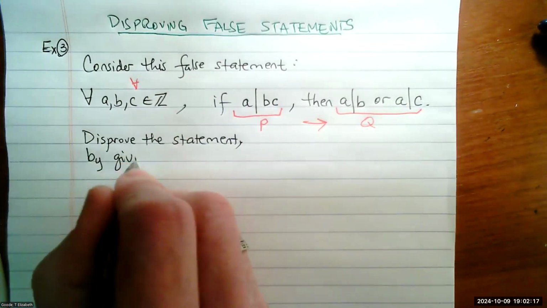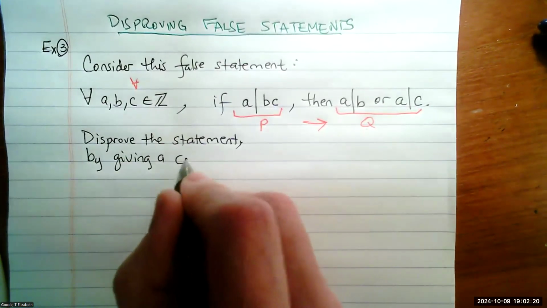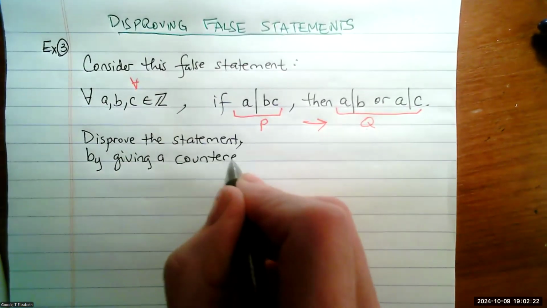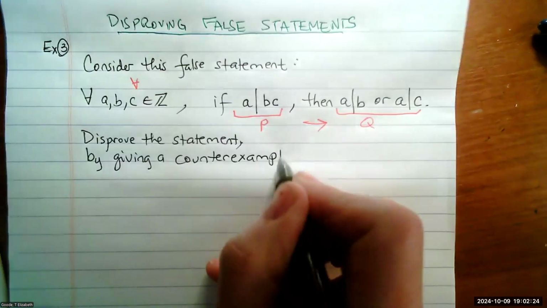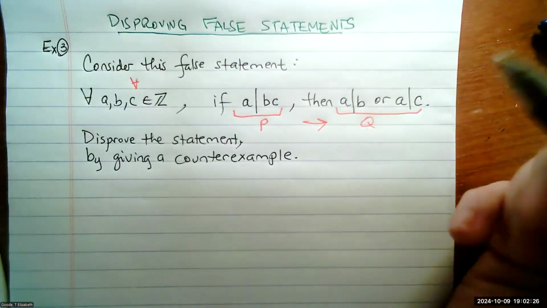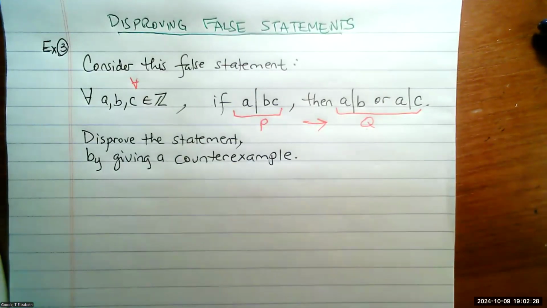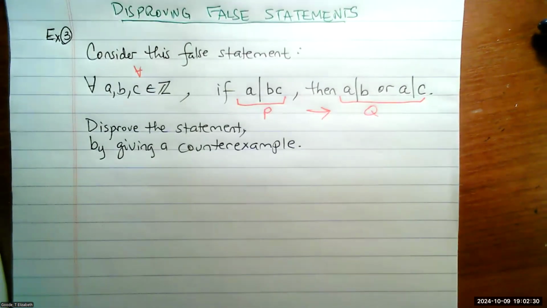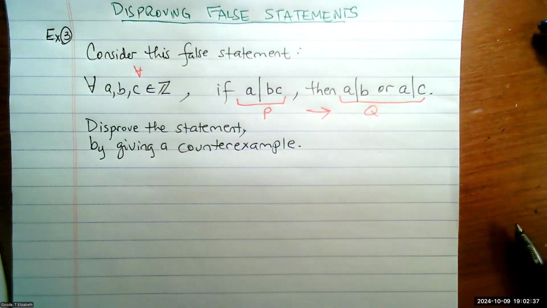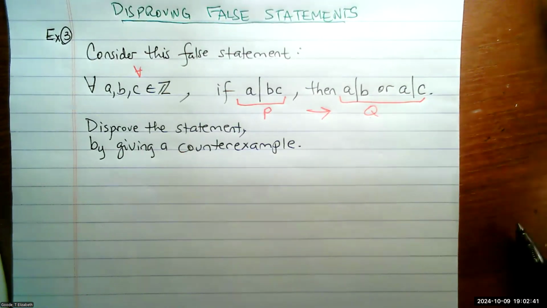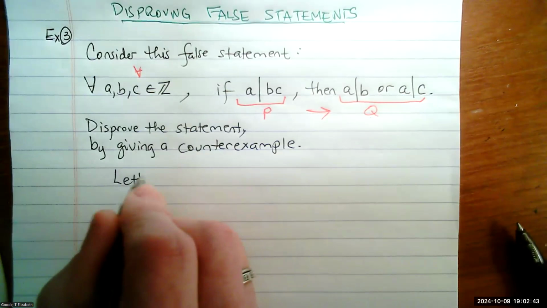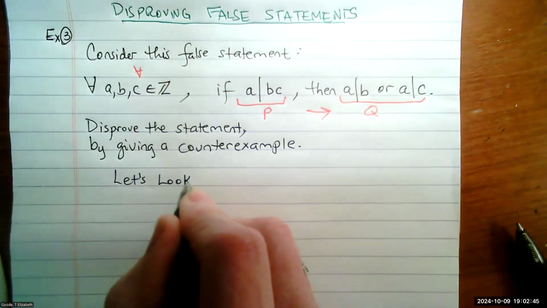Of course, that's nice to be told that that's what you have to do. But at this stage of the game, you should know if you're disproving a universal statement, you will be giving a counterexample. So we're going to be proving the negation. So let's look at the negation first, so that we know what it is we're actually going to be proving.